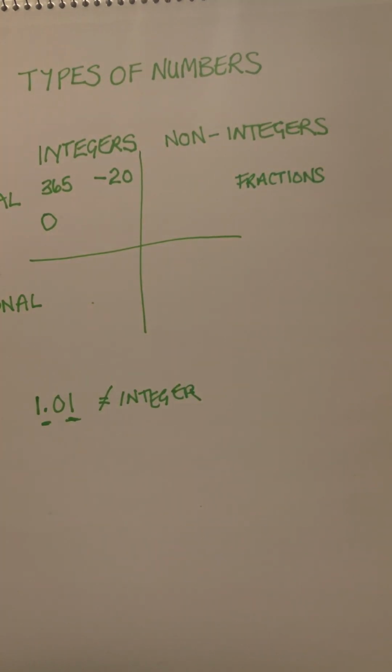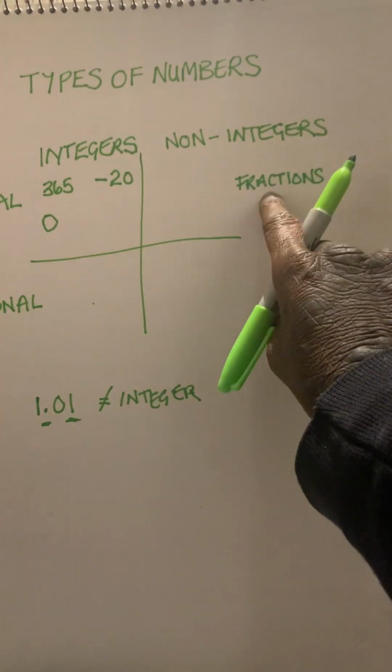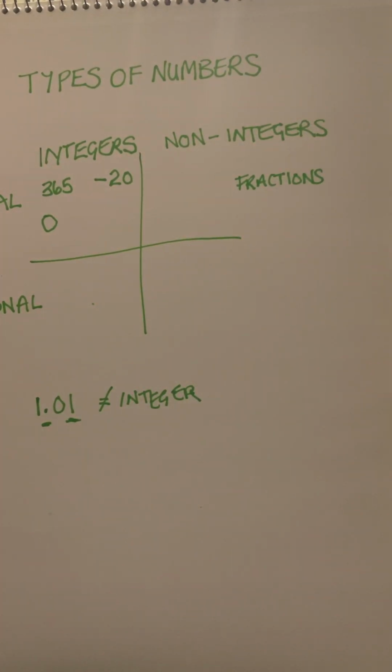Rational numbers means that they can be equated in quite a simple way. Rational numbers also, like I said, include integers. So they can be written simply. So can, would you believe it, fractions.